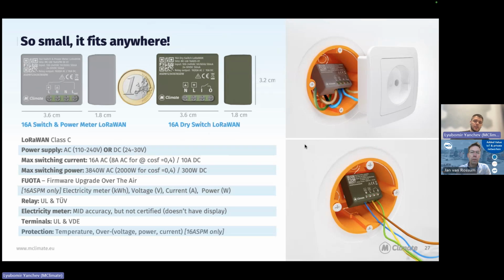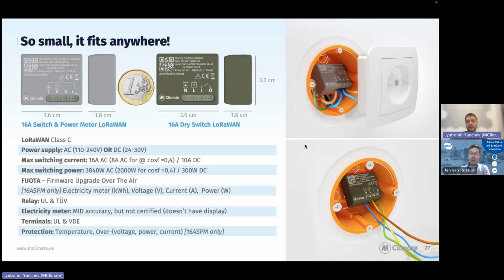But both devices are LoRaWAN class C, meaning that they're listening all the time. They still send data by default every 10 minutes, but you can change the frequency if you want. Since they're class C, you can send commands and they happen in real time. As you send them, this is when the device receives them and executes your command.